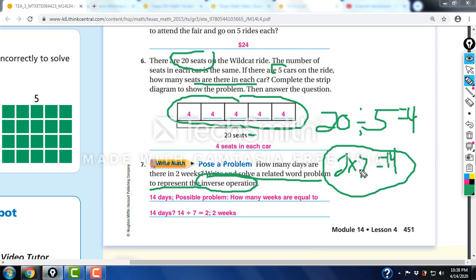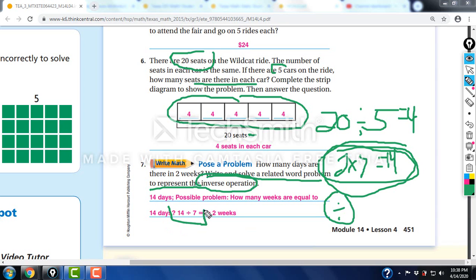What is the inverse of multiplication? Yes, very good, Hala. Yes, it is division. So your word problem will have to ask something that's divided. Okay, so you could say something like, how many weeks are equal to 14 days? So 14 days, you divide that by 7 to equal 2, and you make an inverse operation using division.